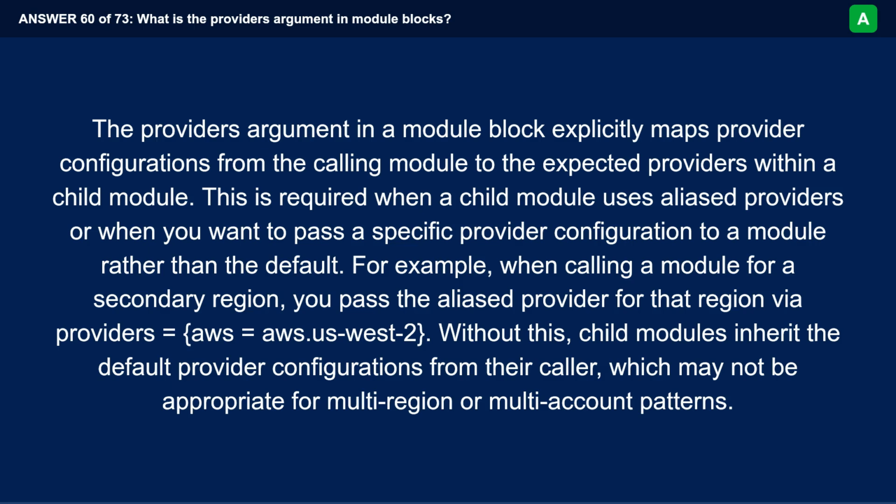For example, when calling a module for a secondary region, you pass the aliased provider for that region via providers equals us-west-2. Without this, child modules inherit the default provider configurations from their caller, which may not be appropriate for multi-region or multi-account patterns.